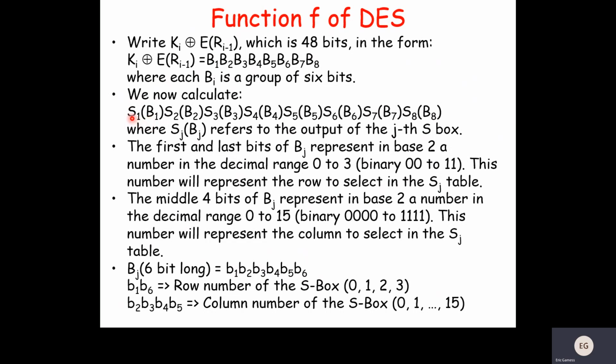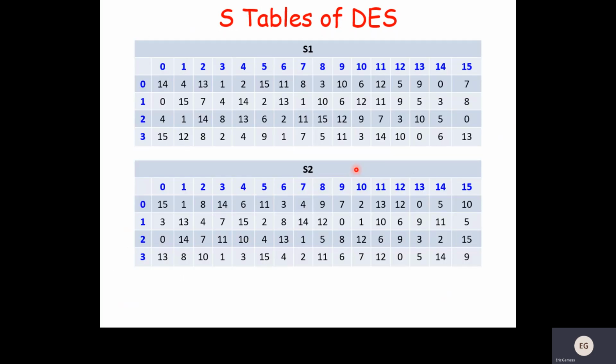So for example, when I apply to B1 the box S1, I will get 4 bits. Here I will get 4 bits, and I was telling you that the result will be 4 times 8, which is 32 bits. So let's see that. This is the S box S1. As you can see, 1, 2, 3, 4 rows and 16 columns. And if you look inside, all the numbers are between 0 and 15.